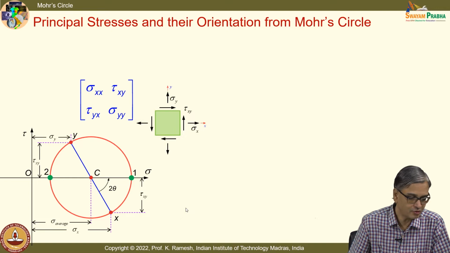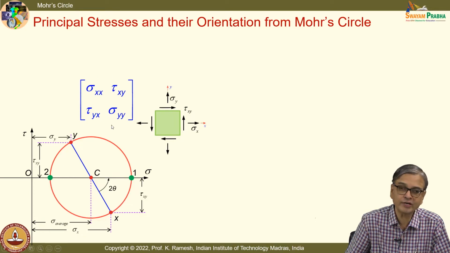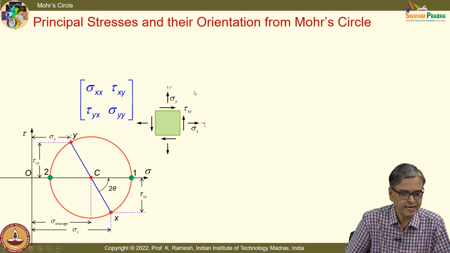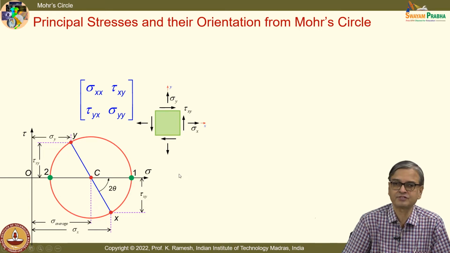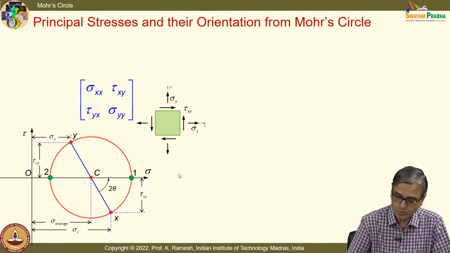And I have also removed, we had for an arbitrary plane, all that is removed. So, I have the tensorial representation of state of stress, I have a pictorial representation of state of stress, and I have a graphical representation of state of stress at a point.